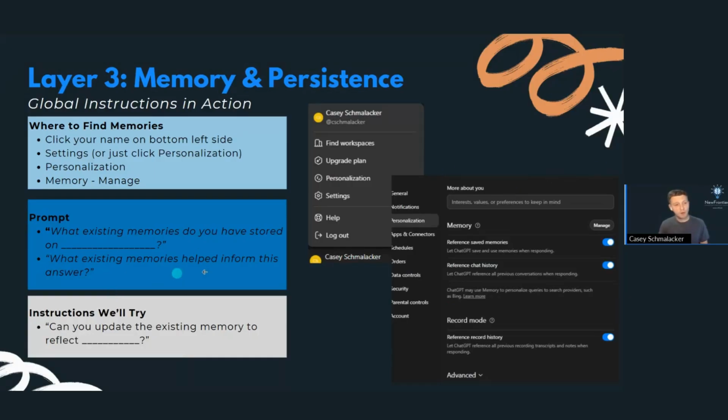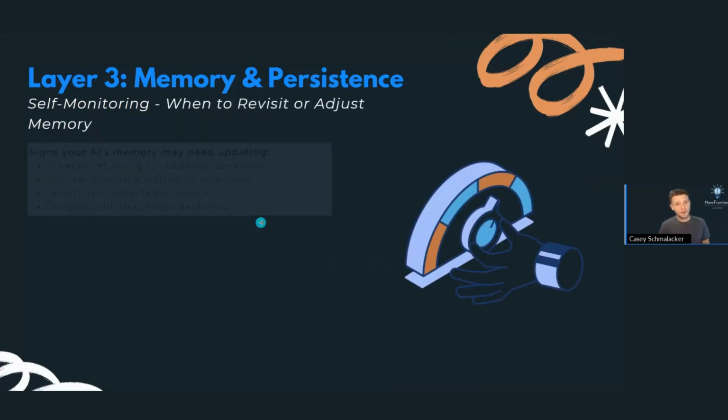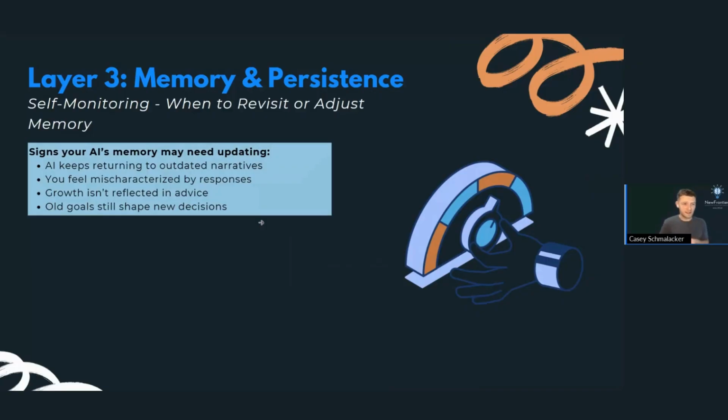These prompts are pretty helpful with some of that self-monitoring. When you get some funky responses: what are you basing this off of? Where are you pulling this from? Signs that the memory may need updating are if AI keeps returning to outdated narratives, you feel mischaracterized by responses, or something just feels off.